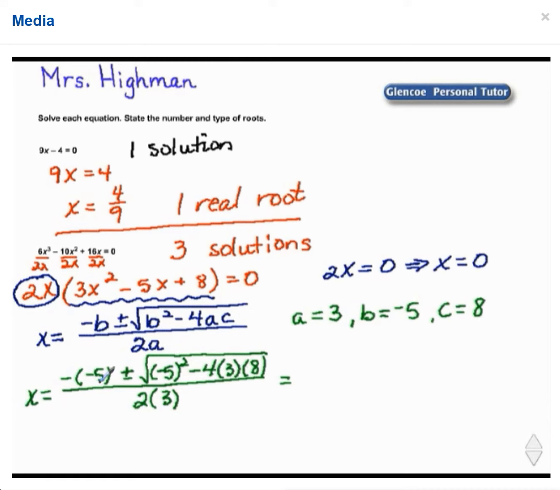So the opposite of negative 5 is going to be positive 5, plus and minus. And negative 5 squared would be 25. And when we multiply here, we get 96. And 2 times 3 gives us 6.